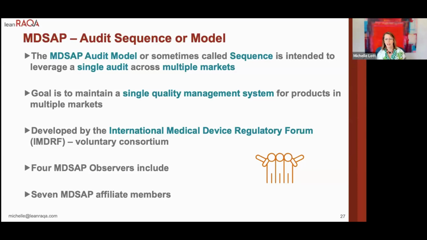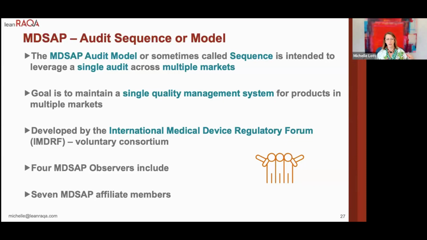There are different types. So you've got the 5 main members, but then there are also a set of observers, which include the EU. And there are four of those, notwithstanding all the countries counted within the EU. And then there are 7 what are called affiliate members. So it's definitely getting a lot of traction internationally.